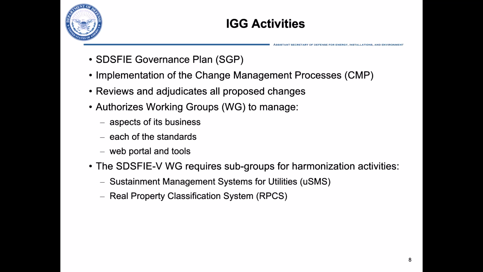The SDSFIE V Working Group requires additional subgroups for its data model harmonization activities. At present, these include working groups for the Sustainment Management Systems for Utilities, or USMS, and the Real Property Classification System, or RPCS.